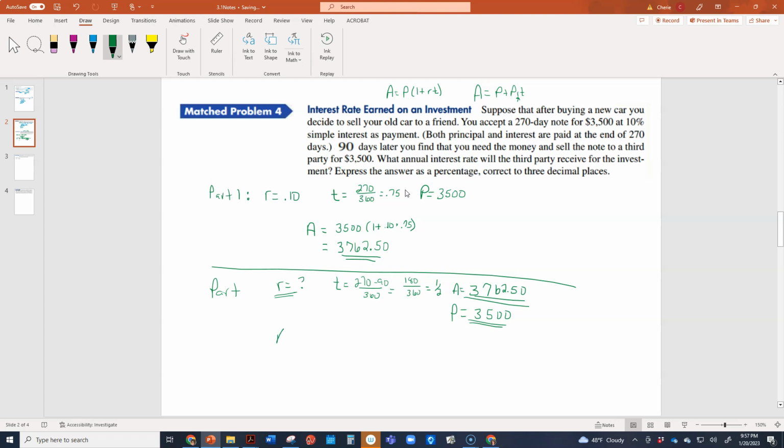So I'm going to say 3762.50 is equal to the principal 3,500 plus the principal times the rate, which I don't know, times the time. Okay, so there's the problem, and now I'm going to subtract 3,500.